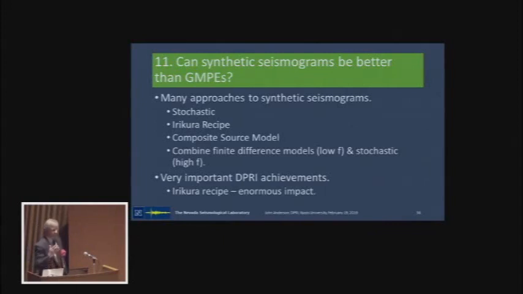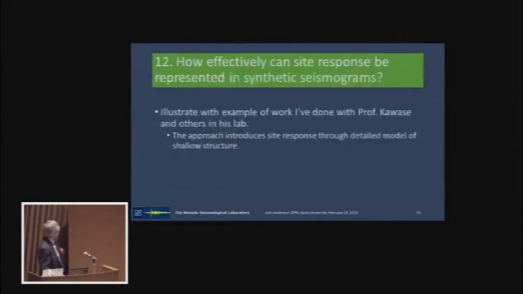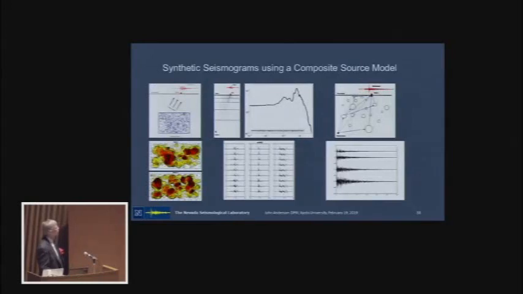One would think that if you put more physics in, you should be able to do better. And the related question, because site response is so important, how effectively can the site response be represented in the synthetic seismograms? I'll illustrate the two of those questions together.